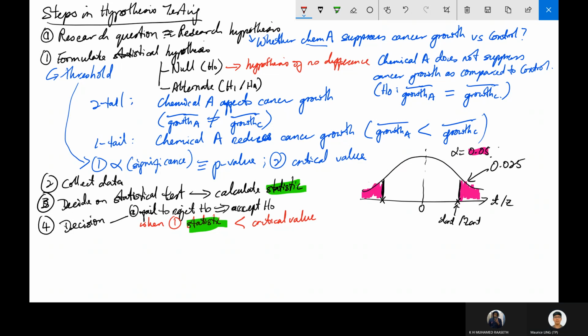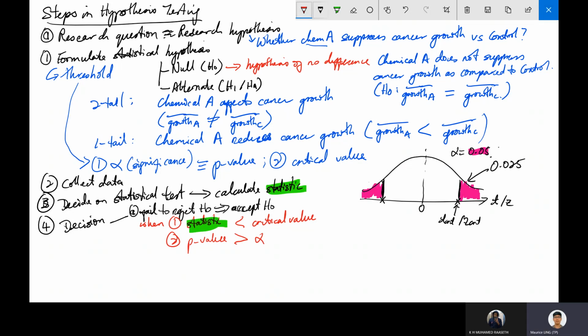The second condition is to look at the p-value: when the p-value is more than the alpha value that you decide. The p-value is the probability value, the area under a curve.